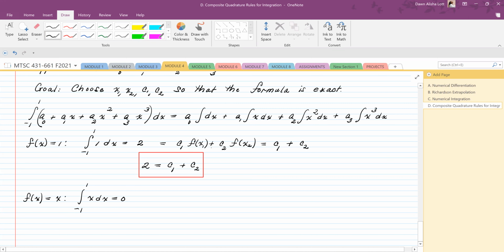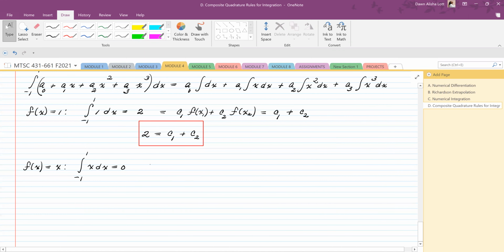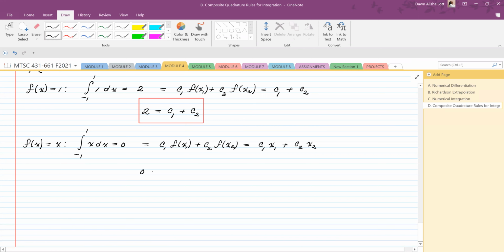So now 0 has to equal c1 f of x1 plus c2 f of x2. So that's c1 x1 plus c2 x2. So now I get 0 is equal to c1 x1 plus c2 x2.